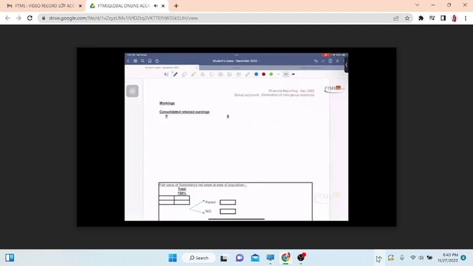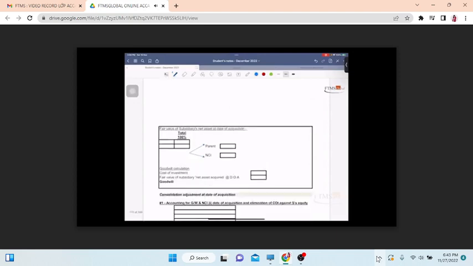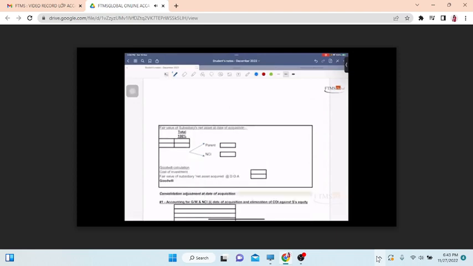As usual, we have the retained earnings, 42 and 15. Then next is the fair value of subsidiary net assets at date of acquisition.